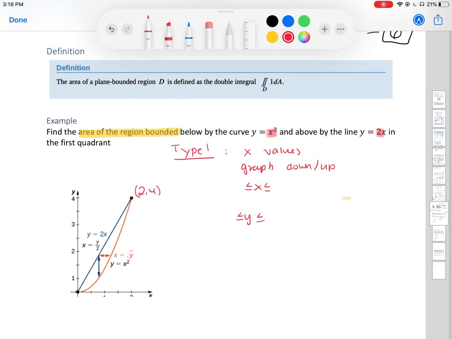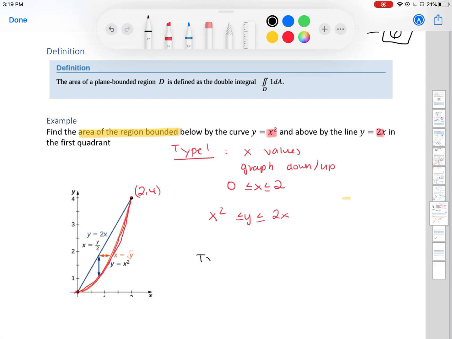So we go from 0 all the way to 2. And our first graph is this graph here that we come across. That graph is y equals x squared. So we write x squared. Our second graph we see is y equals 2x. So then we write 2x.